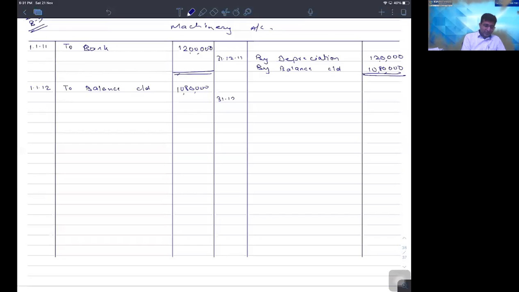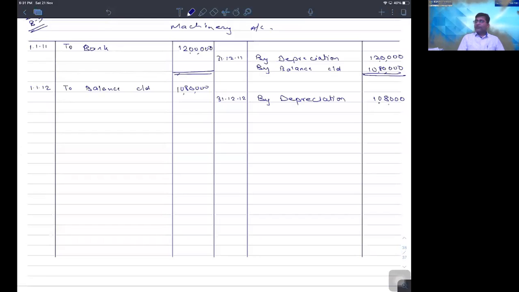31st December 2012, by depreciation as 1,08,000. See, from the examination point of view, you should write a simple note on this.